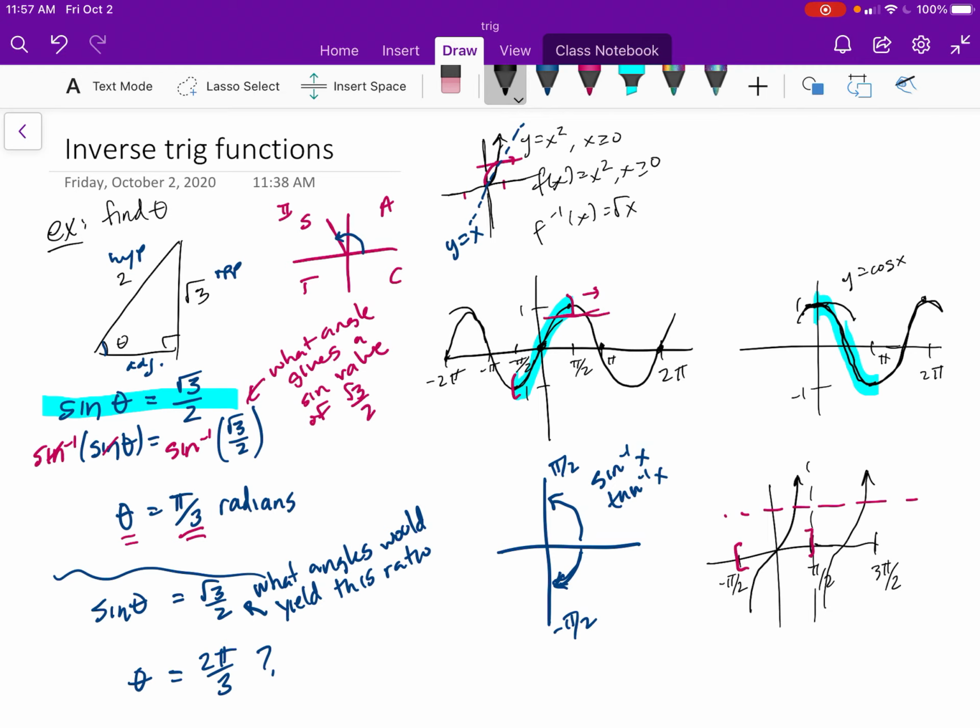So cosine, if we look at the quadrants of our unit circle, actually goes from 0 to pi here. So the inverse of cosine goes 0 to pi, and it's because that's how we had to restrict it on the graph.